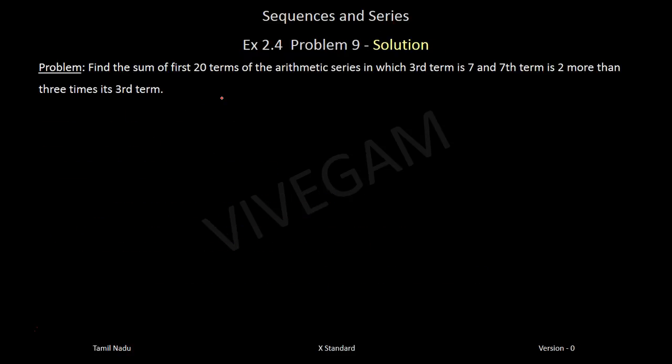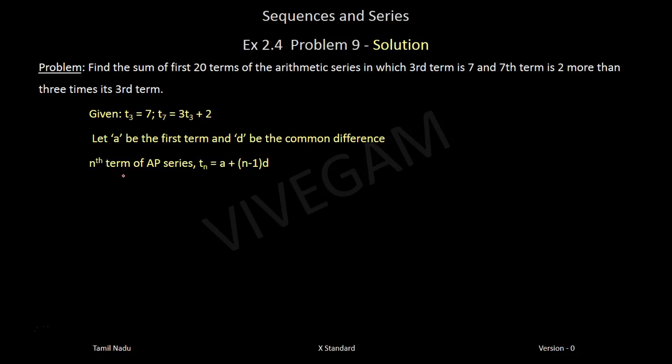Okay, the solution. Given T3 is 7, the third term is 7, and the seventh term is 3 times the third term and 2 more than that. So it is 3T3 plus 2. Now let a be the first term and d be the common difference. We know the nth term of an AP series is Tn equal to a plus n minus 1 into d.